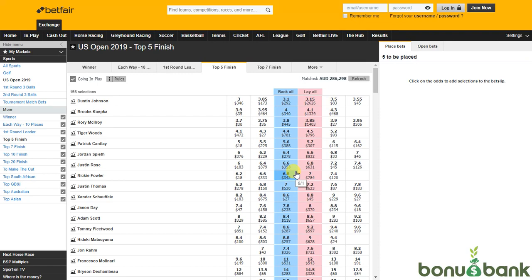But the closer we get to tee-off time, the more the odds are going to move around, and the more opportunities will pop up when there's different pricing between the bookies and Betfair. So yeah, keep an eye on it. Like I said, also keep an eye on it once the golf has started later on.